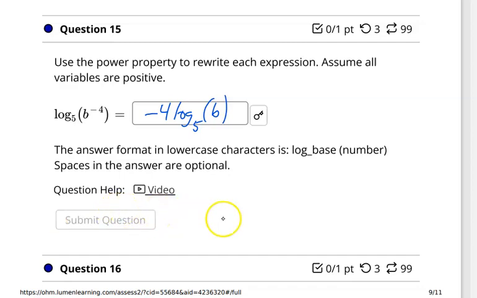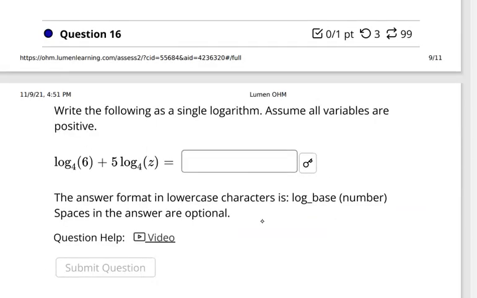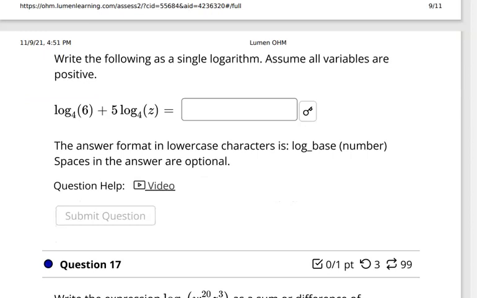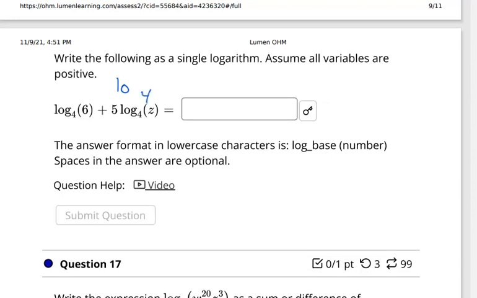And then they get a little more complicated. We're looking for a combination of both product rule and exponent rule. You want to break it apart in pieces here. 5 log base 4 of z is the same as log base 4 of z to the 5th.